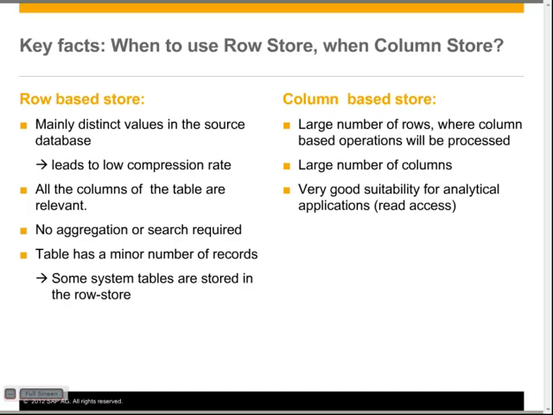It can also be suitable when all the columns of a table are relevant, which is more typical of an application than a report. Also when no aggregation or search is required, or if a table has a minor number of records, which could be the case, for example, for lists or statements, system tables, and so on.